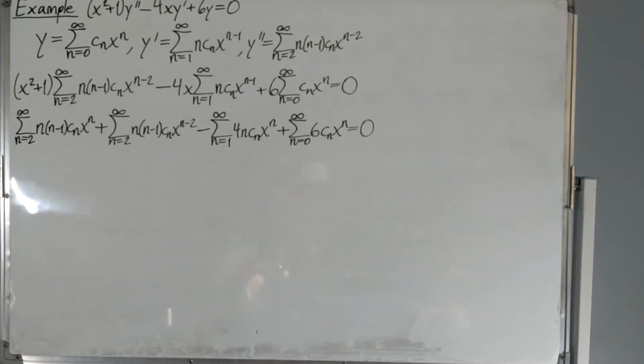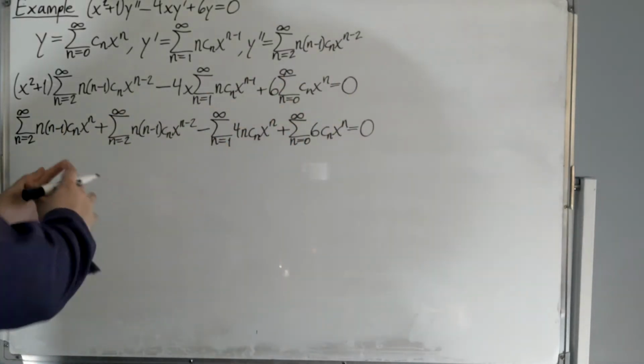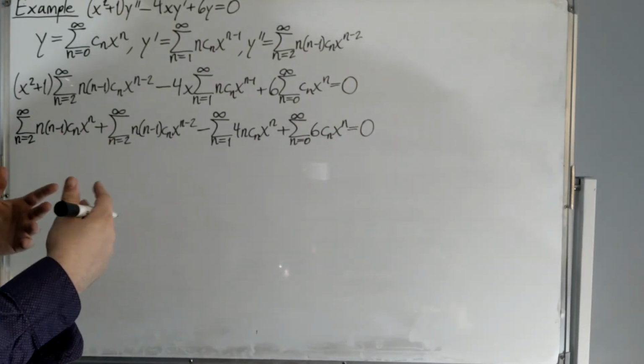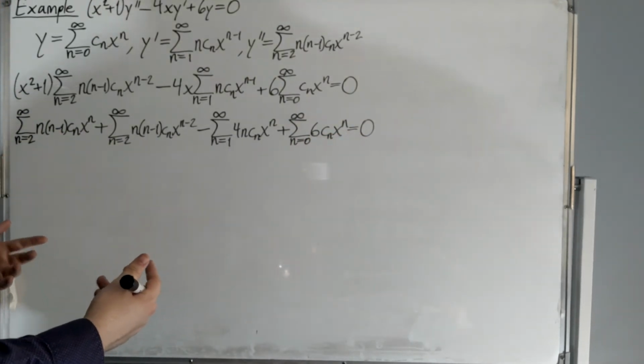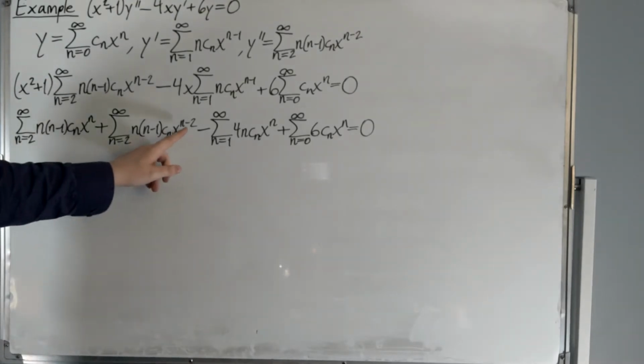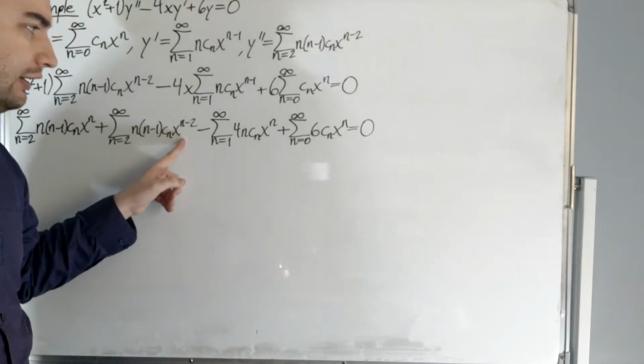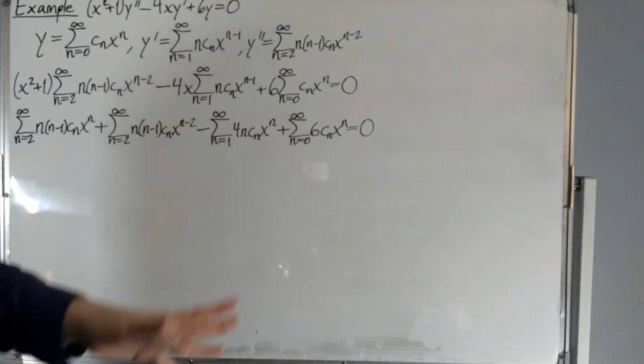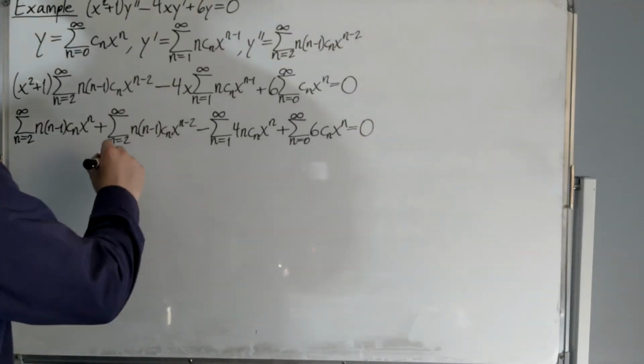Okay, so now once again we'd like to combine like terms into a single power series that we can then say is equal to 0. Unfortunately, we have some problems here. First of all, this n minus 2, all the other exponents are n. So we're going to have to do that same change of variables as we did in the previous problem.